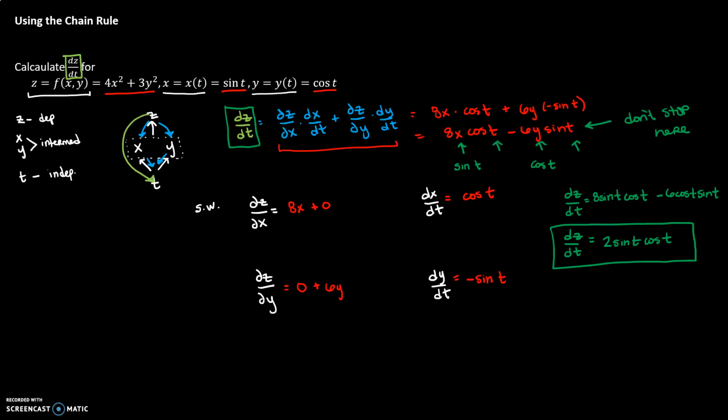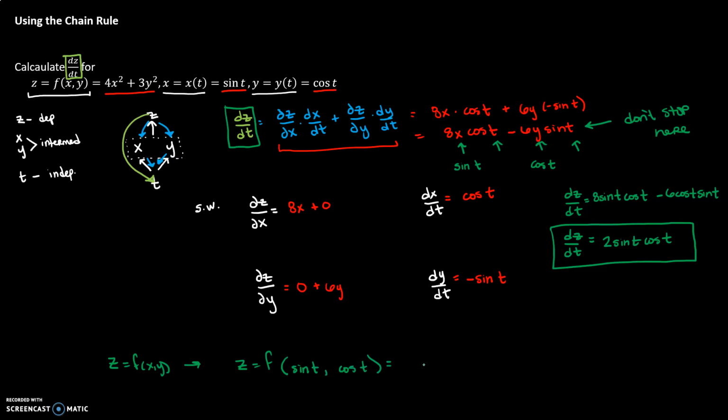Lots of us are going to be tempted to create the composition of functions by substituting in. For example, instead of writing z equals f of x, y separately, we could rewrite this as z equals f of sine t, cosine t.